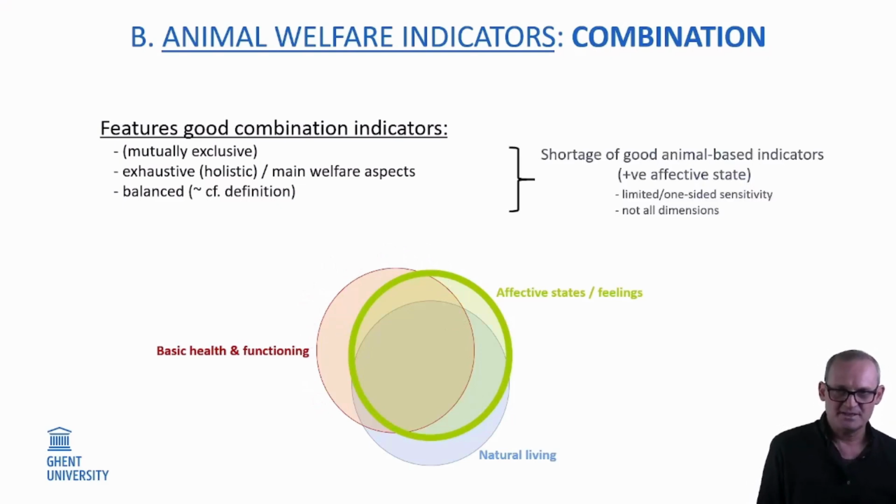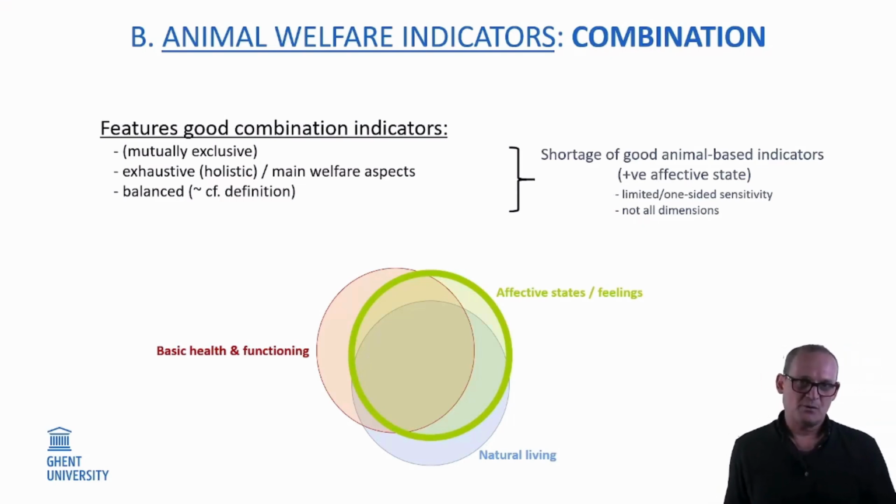The problem is that if we say we really want animal-based welfare indicators that also have information about the positive welfare of the animal, not only the negative welfare, then we have to admit that our field at the moment is suffering from a shortage of good, validated, reliable welfare indicators.